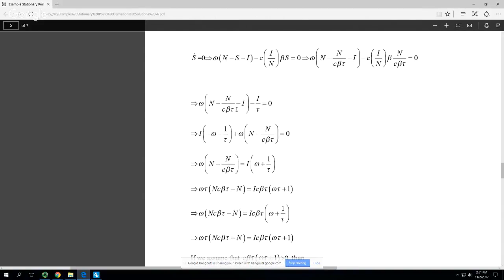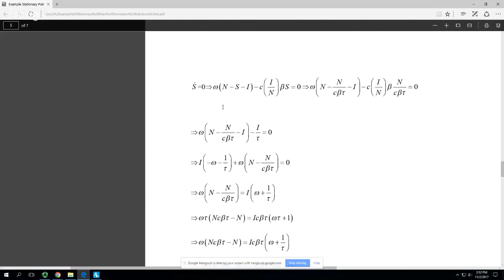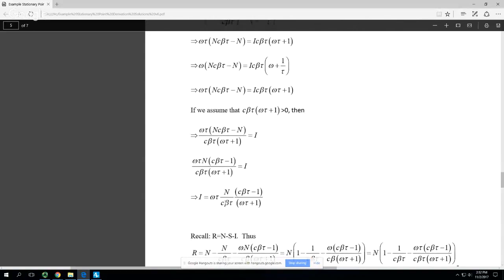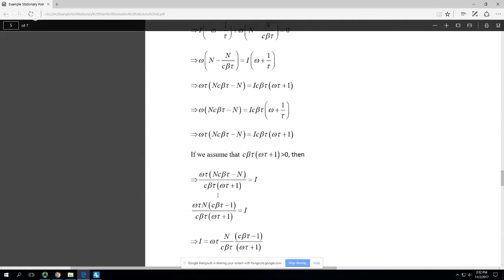Going and simplifying, we can make this all a little bit simpler through some manipulations here. Amongst other things, we can multiply through. And here we are going down, and this is what we actually derive here.